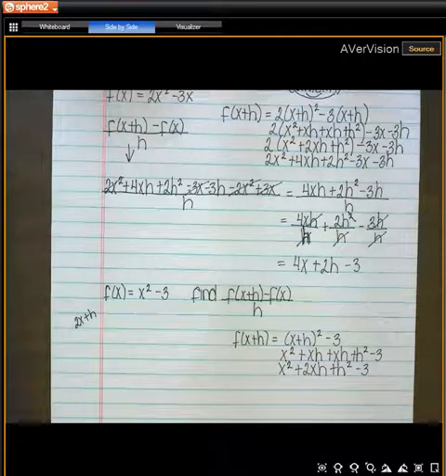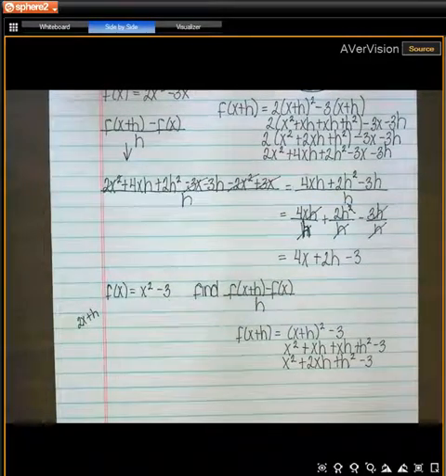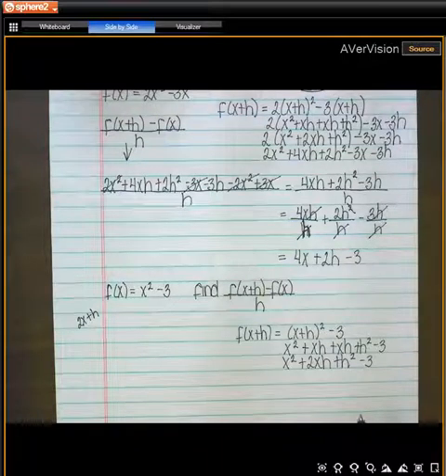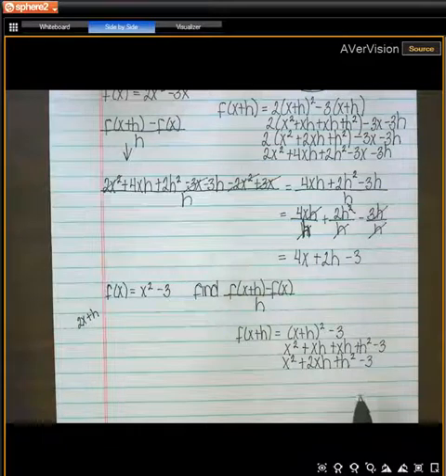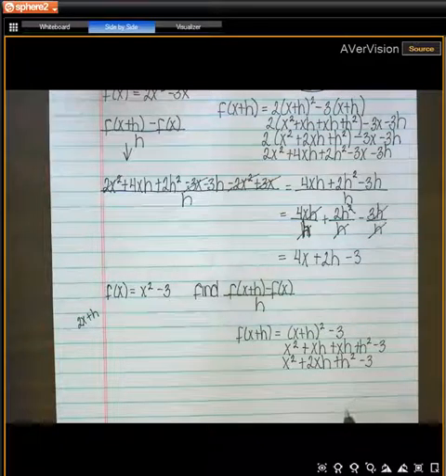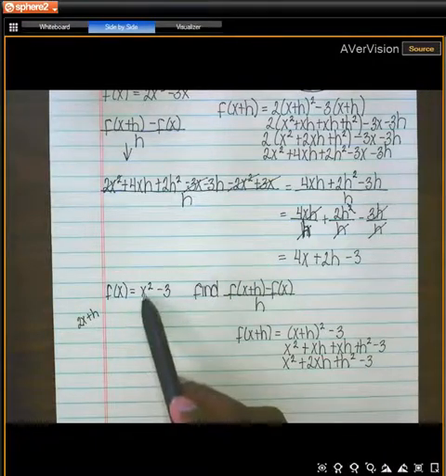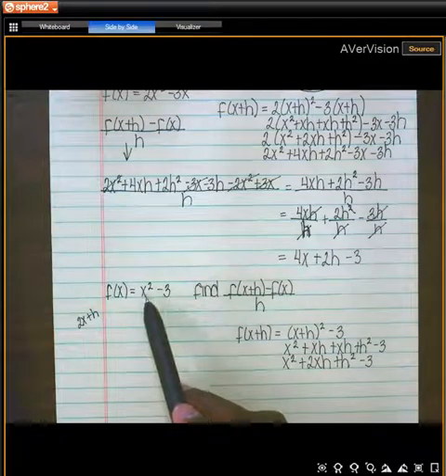Everyone get that for f of x plus h? For this one, the only place we had to put x plus h was in here because that's the only place we have x.